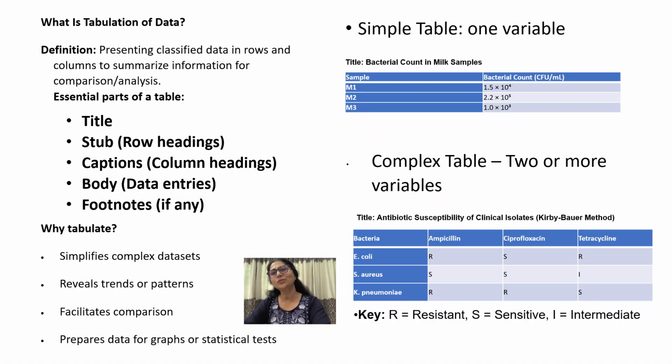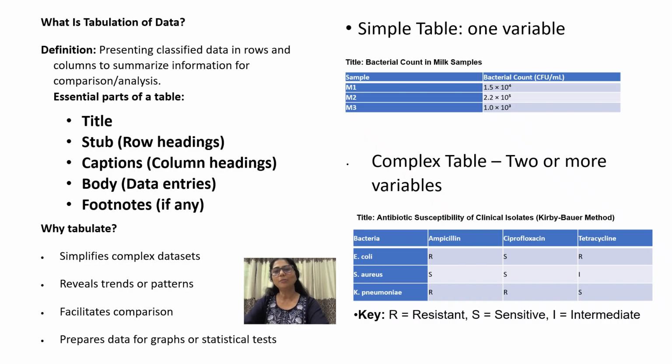In the first column, we show the samples, like M1, M2, M3. Three samples are there. The next column depicts the variable, the bacterial count, where we write down the colony count of bacteria in that sample.